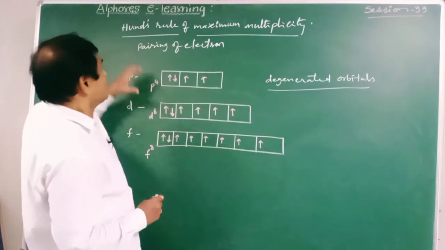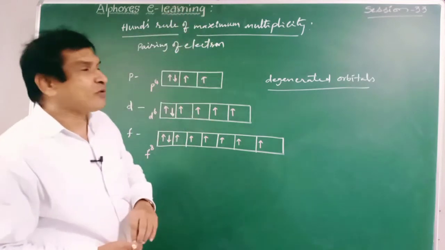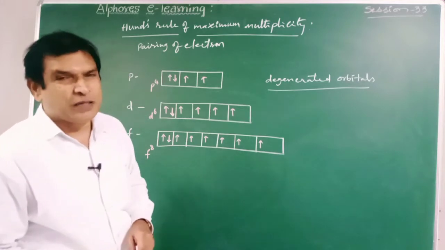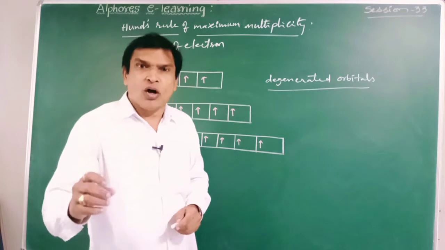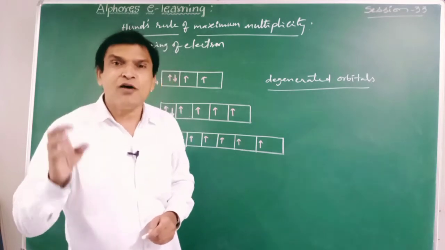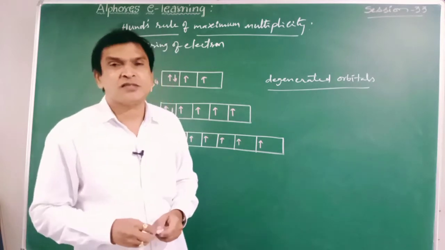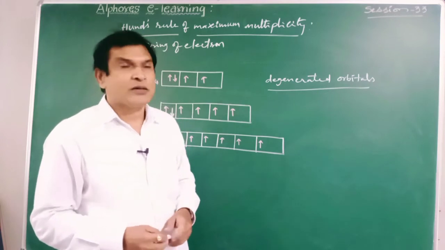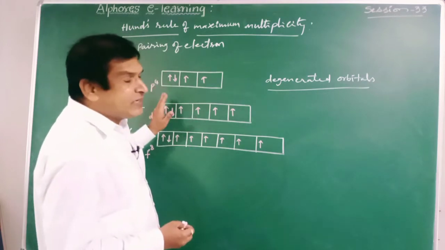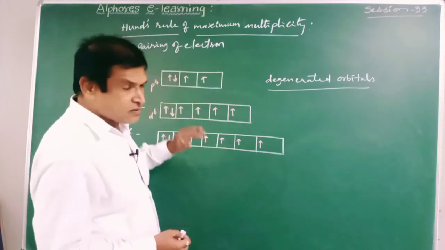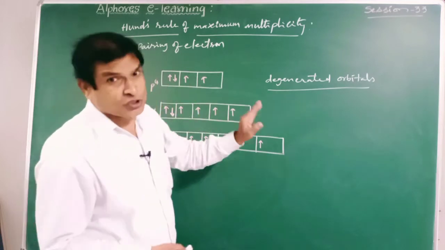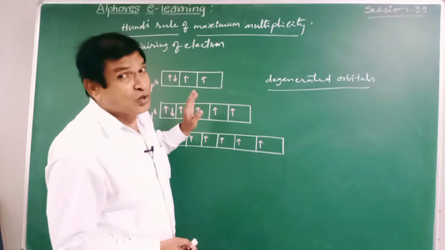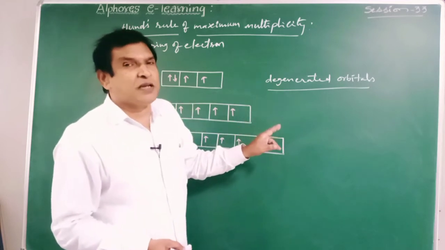Once again, what is a clear statement of Hund's rule of maximum multiplicity? Pairing of electrons takes place when all the degenerate orbitals are filled with 1 electron each of parallel spin.